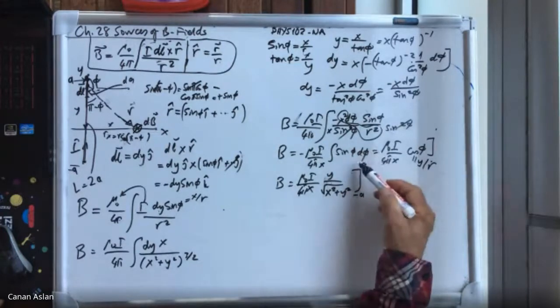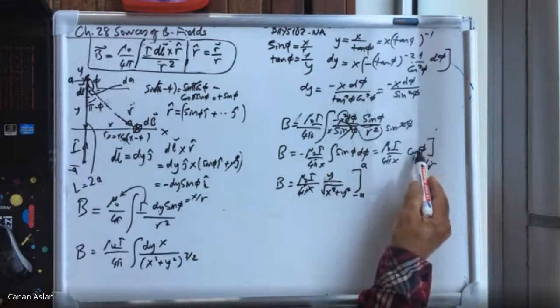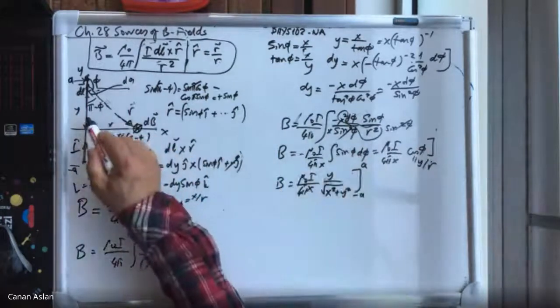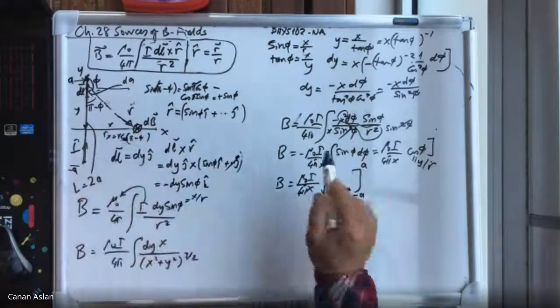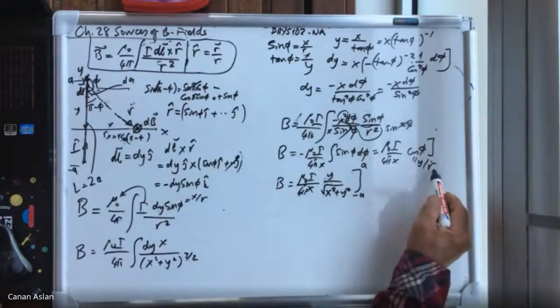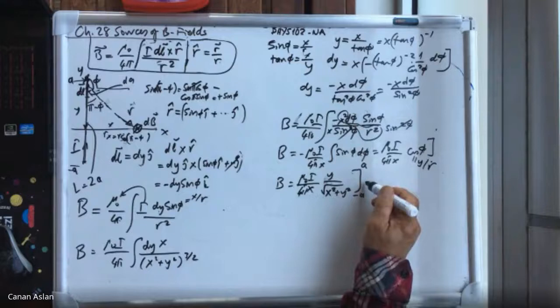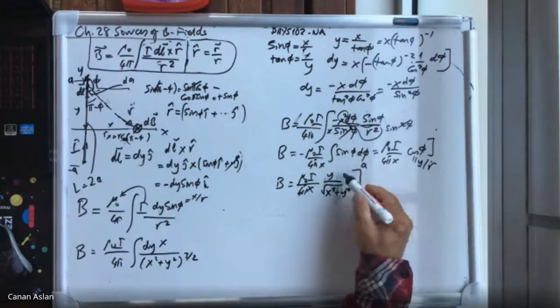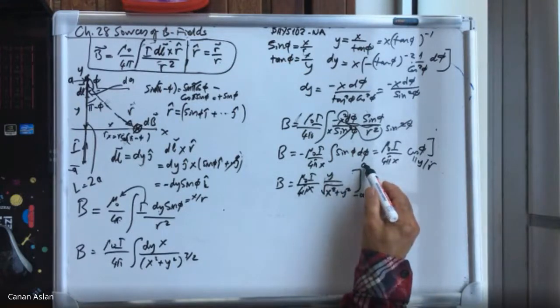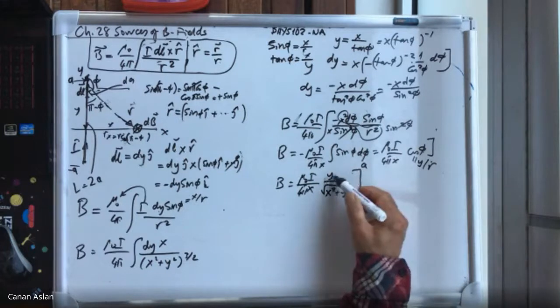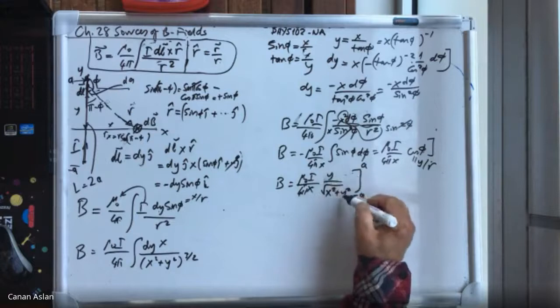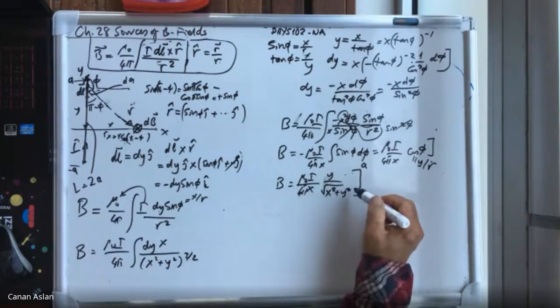As you see, we took the integration, we obtained a result with respect to sine and cosine, but instead of trying to calculate what the angles are at these limits, we just change it to y, and then we put the limits for y. So this is really something that we can do. In the upper limit we have y equal to a, but in the lower limit it will be minus a, but there is another minus sign, so it will be twice as much as this expression where y is replaced by a.